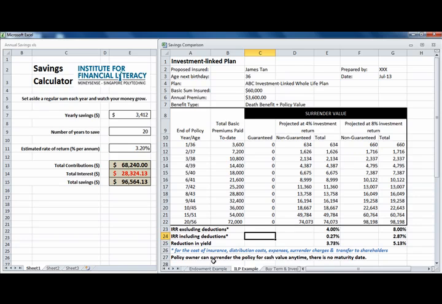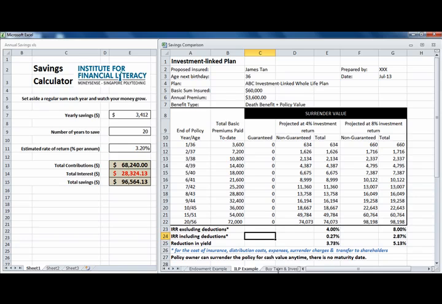Taking into consideration the cost of insurance, distribution costs, expenses, surrender charges, and transfer to shareholders, the rate of return will be 0.27 and 2.87% respectively. This represents a reduction in yield of 3.73% and 5.13%. There is no guaranteed cash value. The plan runs as long as he pays the premiums, and he can surrender the plan any time.